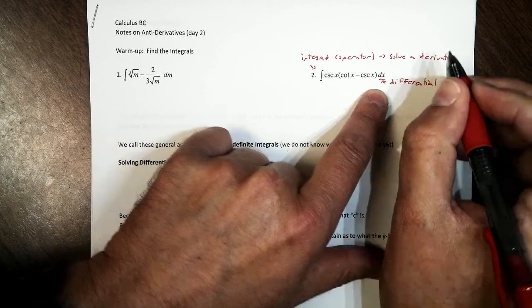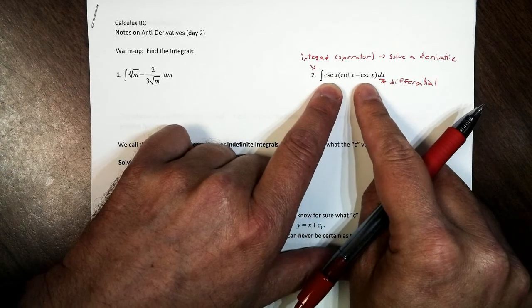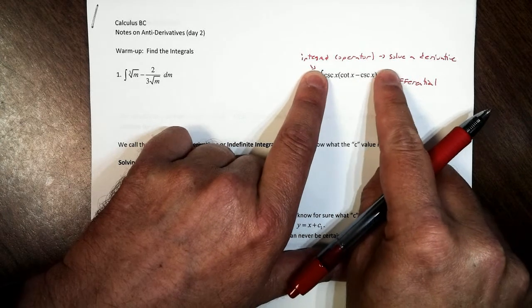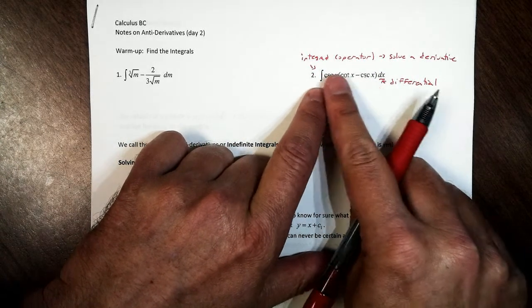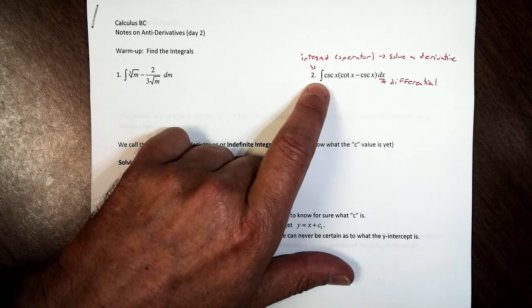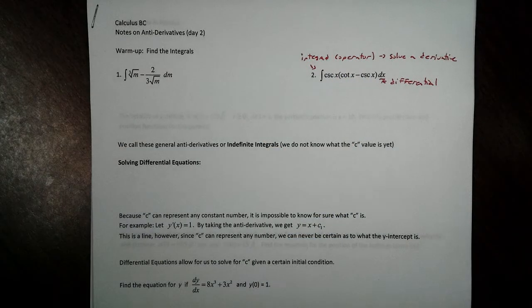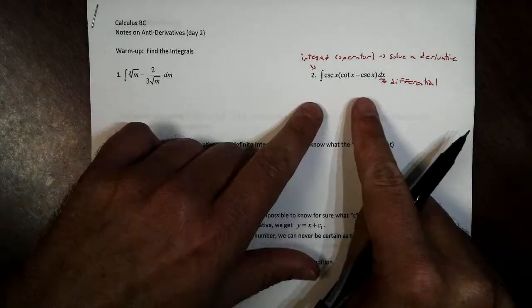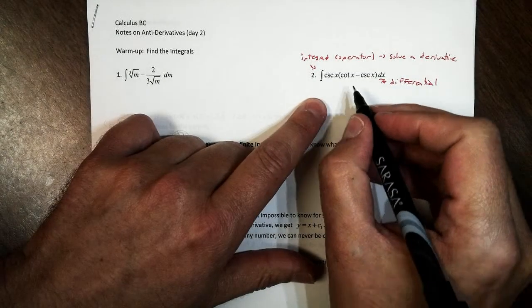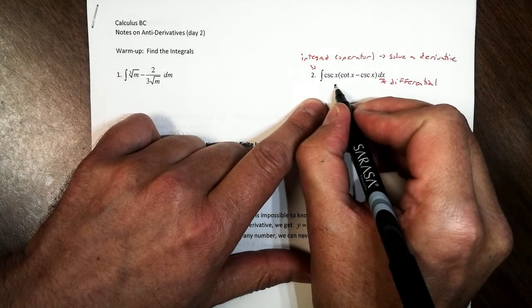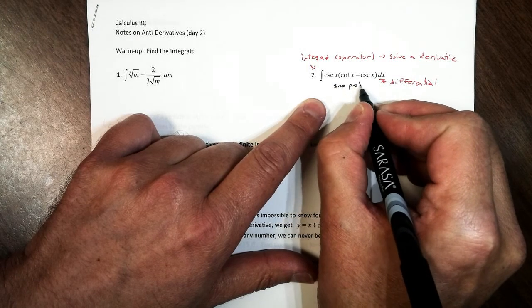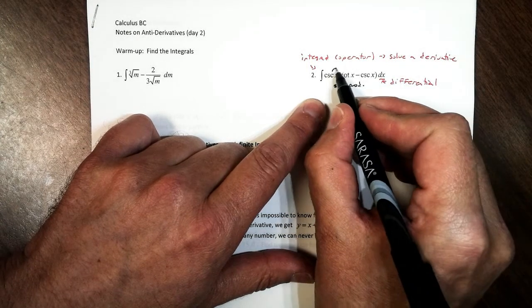And what that is telling us is everything inside of our integral is a derivative. So we want to solve this derivative equation. In other words, we want to bring the function back. Remember the good news? There is no product rule. So we're going to distribute here.